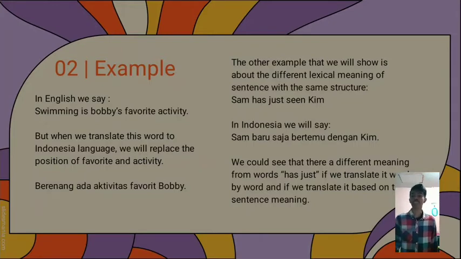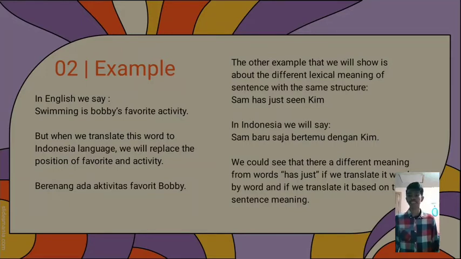For example, in English, we say swimming is Bobby's favorite activity. But when we translate this into Indonesian, we replace the position of favorite and activity. So, berenang adalah aktivitas favorit Bobby. The other example that we will show is about the different lexical meaning of a sentence with the same structure.